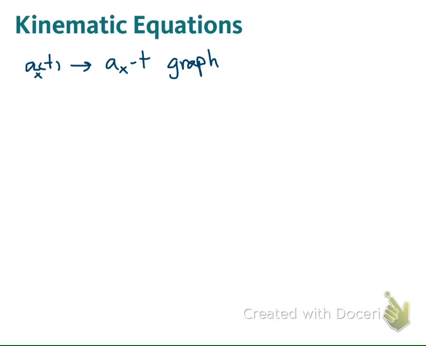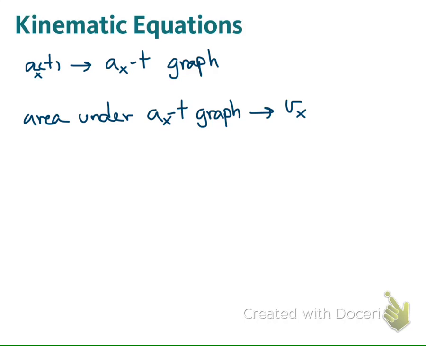Because we know the functional form of ax(t), in principle we know the ax-t graph, and from the concept that we have just discussed, we know that the area under the ax-t graph is the change of the velocity.